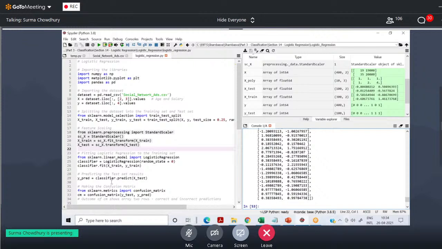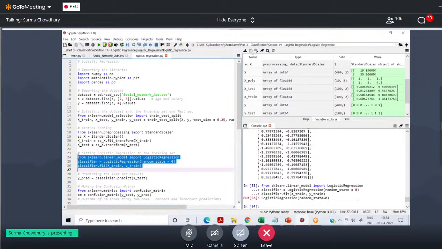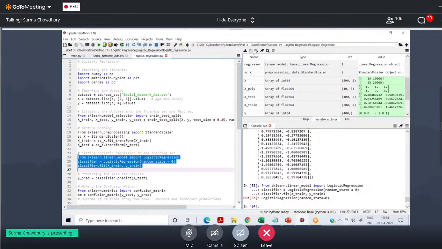Next step, the very same thing: you feed the training data, X train and Y train, into the logistic regression model. Then I do a prediction of y pred, taking X test as my input.